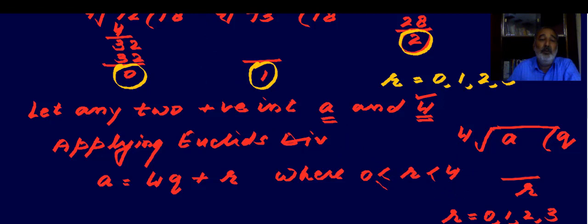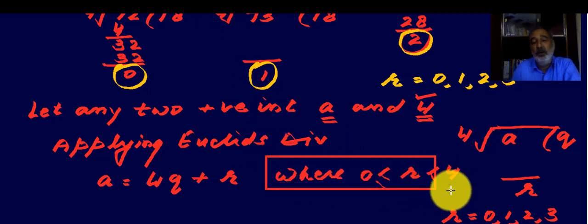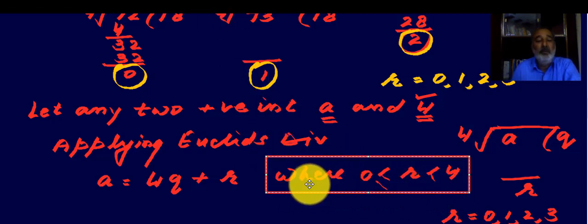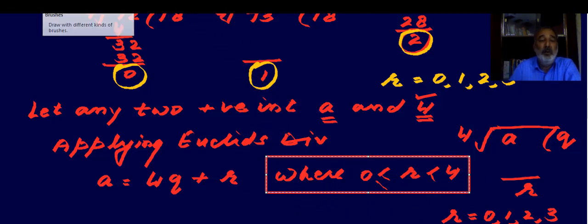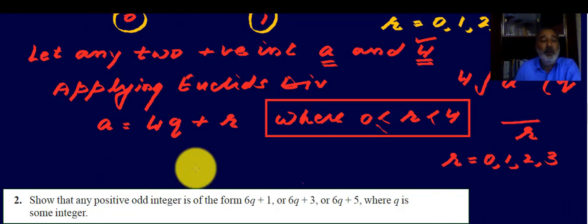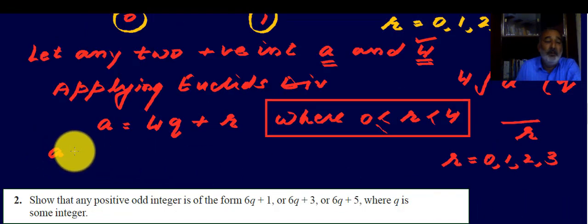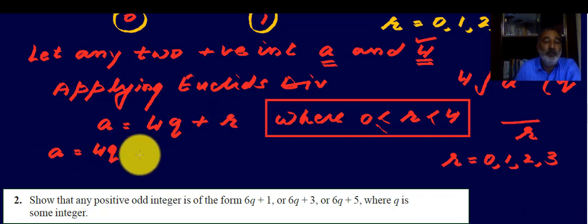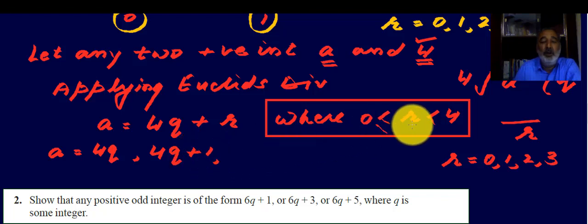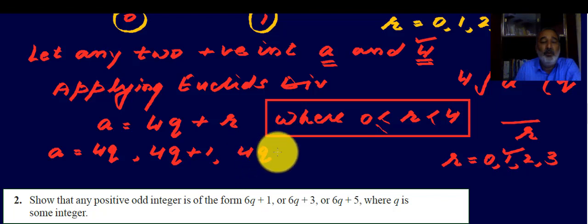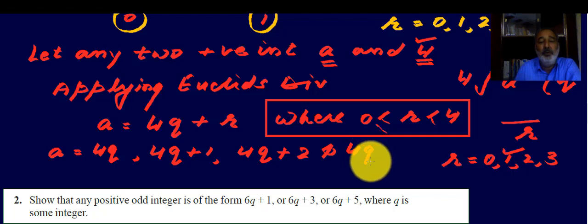This is an important term. You have to learn it properly. So what will be the form of this a? a can have 4 different values. a can be written as 4q, where r is 0, 4q plus 1, when r is equal to 1, 4q plus 2, and 4q plus 3.